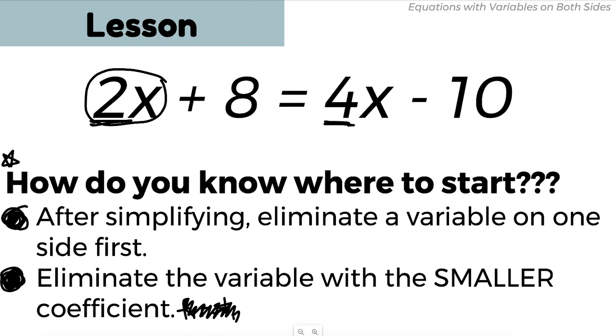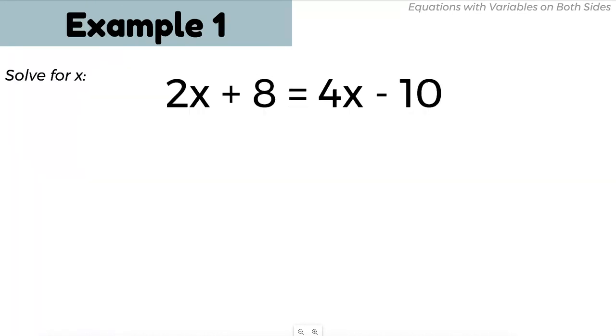We're actually going to jump right into an example so that you can see these strategies in action. So copy this equation down. This is the exact equation that you just saw. 2x plus 8 equals 4x minus 10.